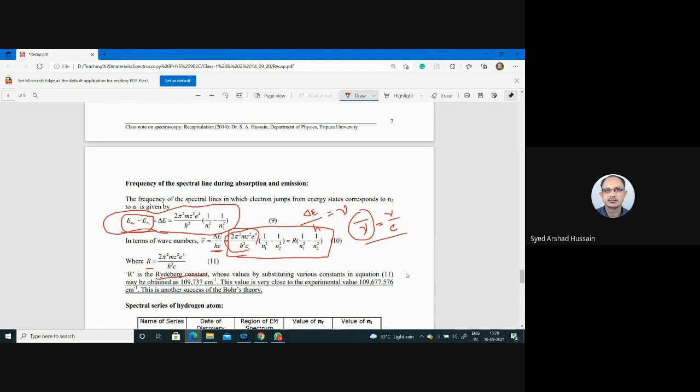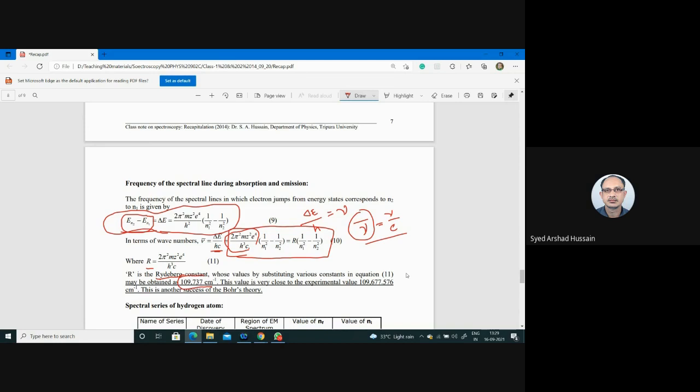Interestingly, in the case of the hydrogen atom, using Bohr's theory we get R equal to 2 pi squared m Z squared e to the power 4 divided by h cubed c. If you put in the values for the hydrogen atom, you see that this value is 109,737 centimeter inverse. It is centimeter inverse because c is in the denominator.